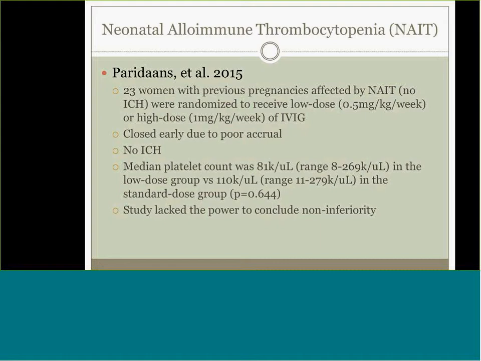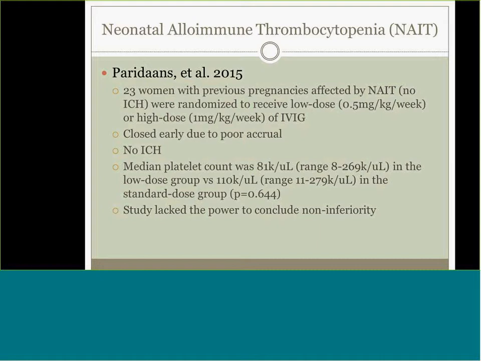Again, speaking to the ability within NAIT, there was a recent study looking at low dose versus high dose IVIG in an effort to spare mom some of the toxicities potentially related to IVIG, randomizing mothers to either 0.5 grams per kg per week or the regular standard 1 gram per kg per week. And these were subsequent pregnancies, but none of the previous siblings had been affected by intracranial hemorrhage.